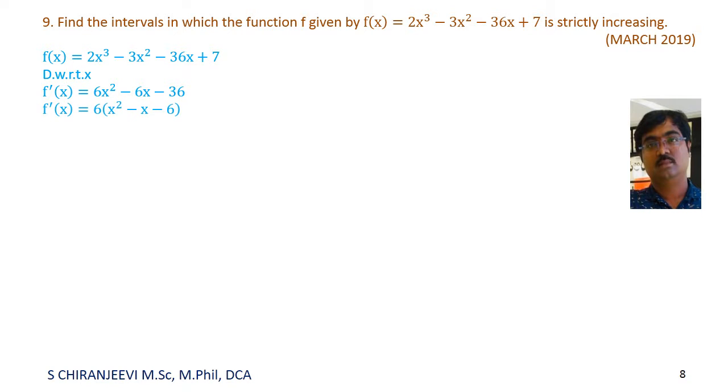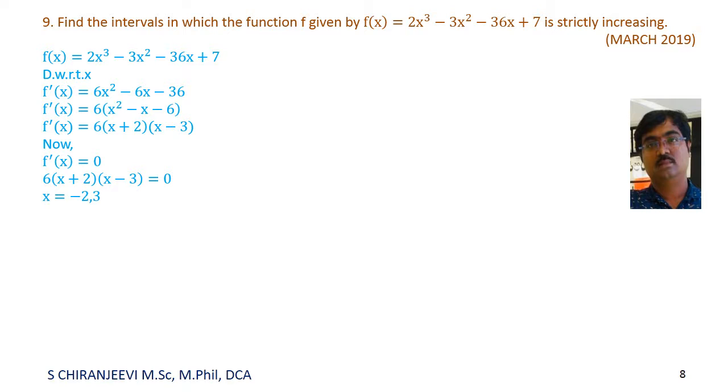Now taking 6 outside, f dash of x equal to 6 into x square minus x minus 6. Splitting the middle term, f dash of x equal to 6 into x plus 2 into x minus 3. Now f dash of x equal to 0. So we get 6 into x plus 2 into x minus 3 equal to 0.